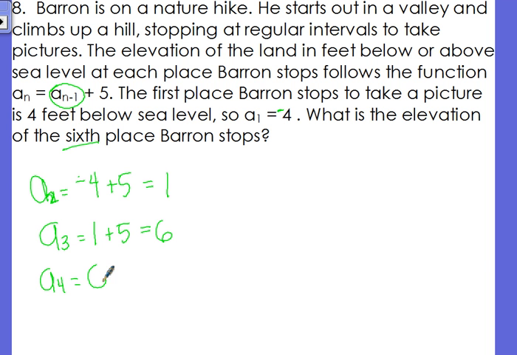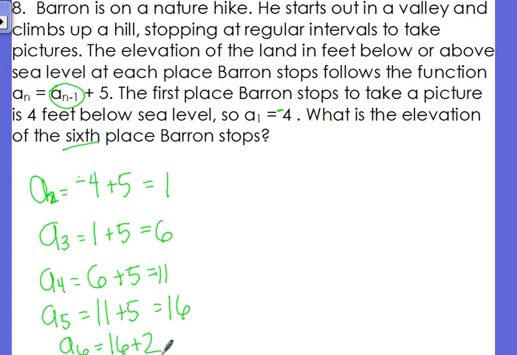Fourth stop would be at 11. Remember, I'm just adding 5 every time. Fifth would be at 16. And sixth would be at 21. So his sixth stop would be at 21 feet above sea level.